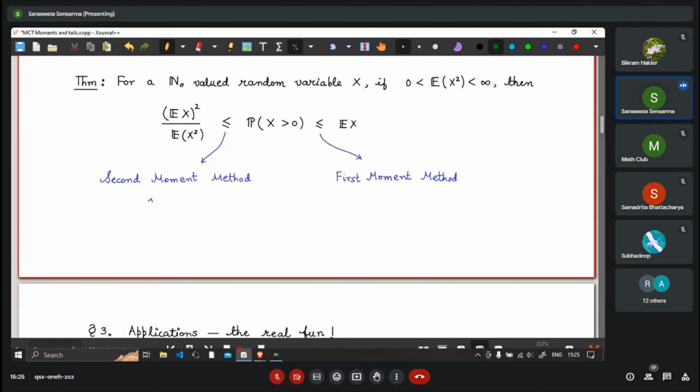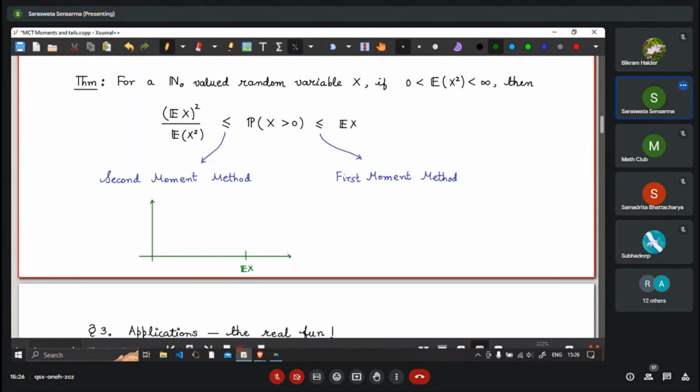The second moment method has a very simple and nice interpretation. Your expectation is large. You're sort of centered around a very large quantity. And your second moment, which increases as the variance increases, is not that big.